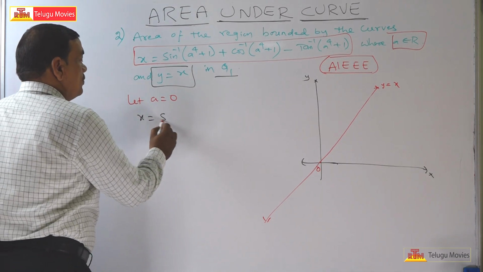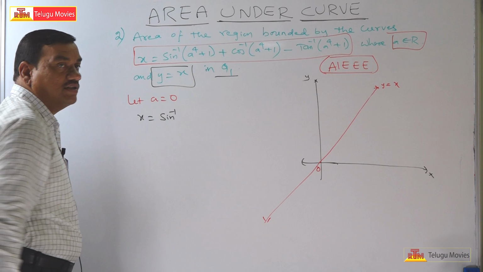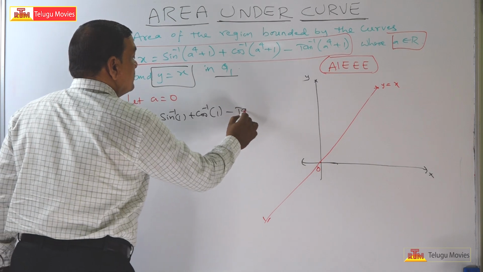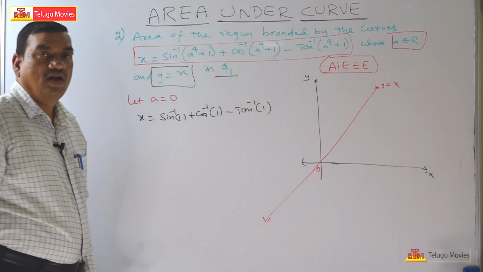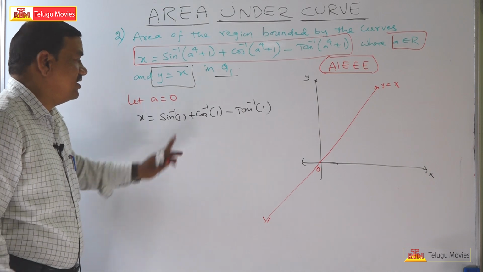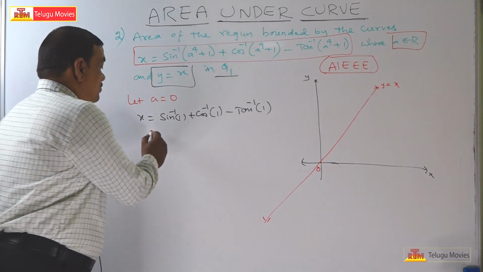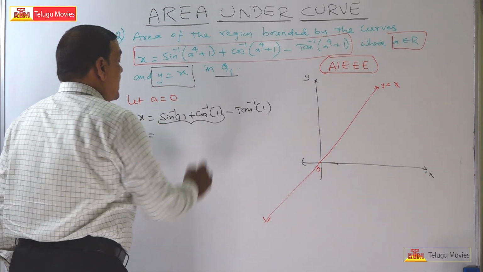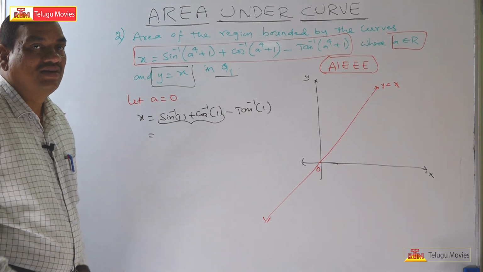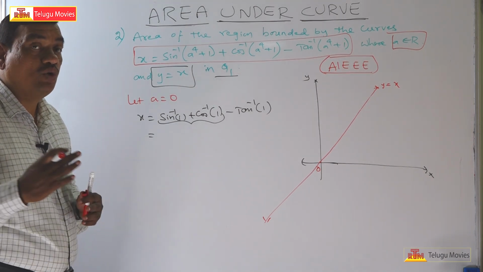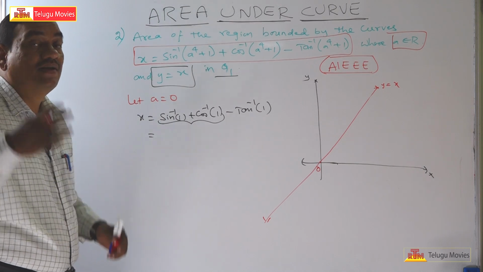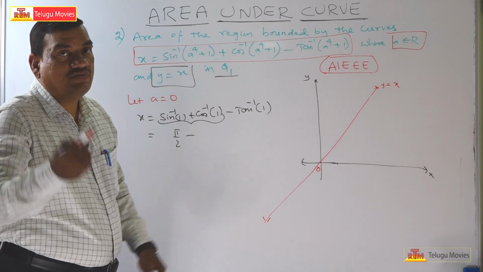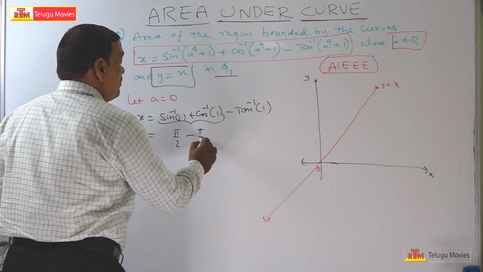So x = sin⁻¹(1) + cos⁻¹(1) − tan⁻¹(1) when a = 0. Understand this? Not 1 radian, this is sin inverse of 1 only. From inverse trigonometric functions, we know that sin⁻¹x + cos⁻¹x, where x belongs to the closed interval −1 to +1, equals π/2, minus tan⁻¹(1), which everybody knows is π/4.